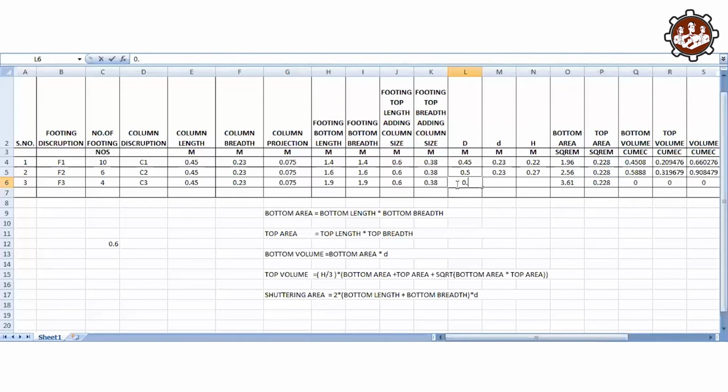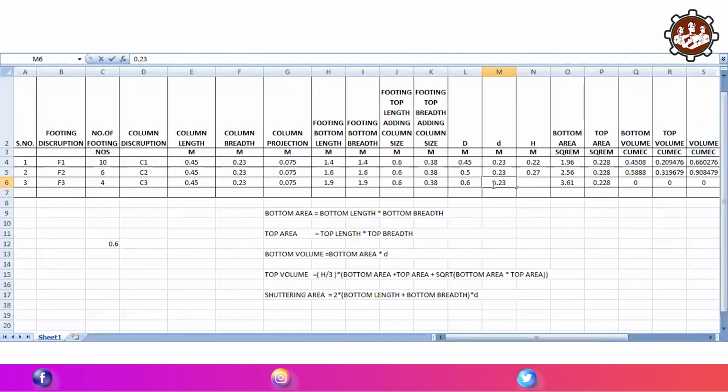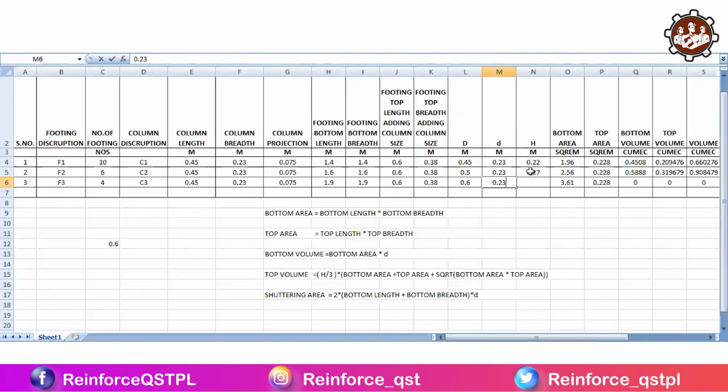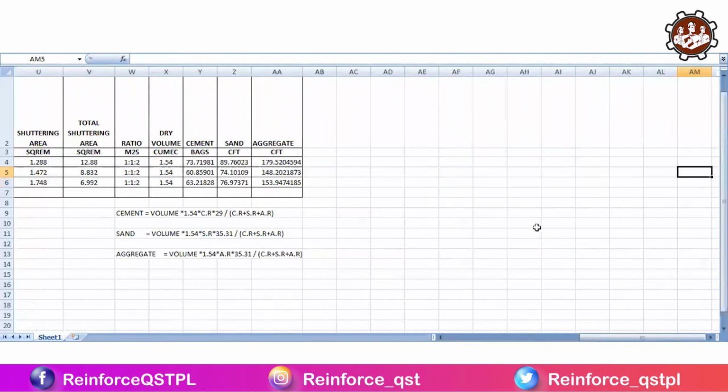Capital D is given here as 600 mm, 0.6 meter. Small d is the same, 0.23. Then we drag, and we get 0.37.